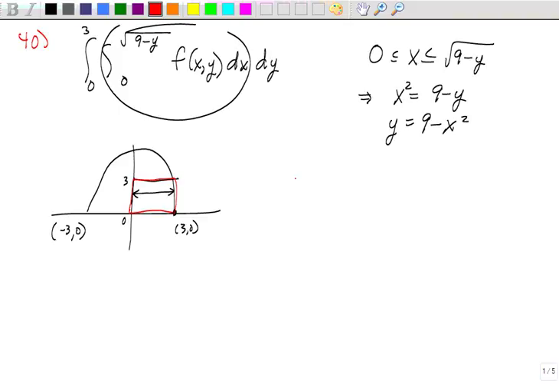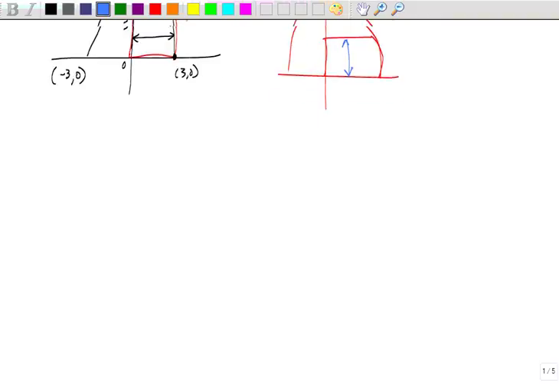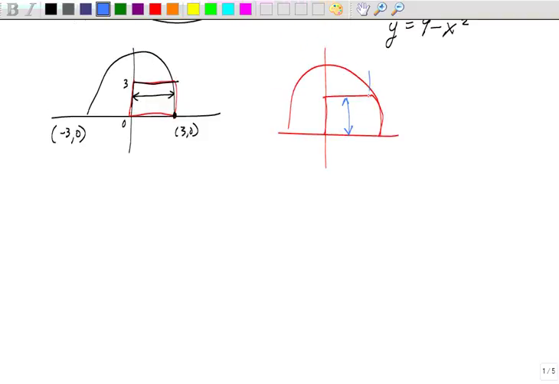Now if I take that and go this way, I have to break up the integral because here the top and the bottom switch.